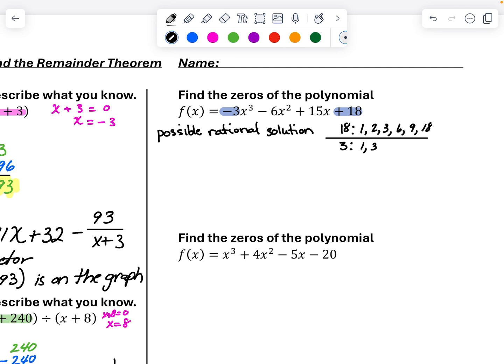So our possible solutions are positive and negative 1, positive and negative 2, positive negative 3, positive negative 6, positive negative 9, positive negative 18. And if you're wondering where that came from, it came from the idea that if I took the factors of 18 and divided it by 1, I would get 1, 2, 3, 6, 9, and 18. And of course the negatives are factors as well.